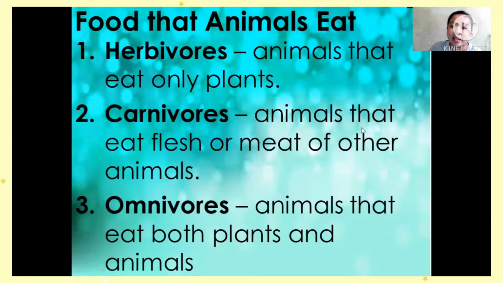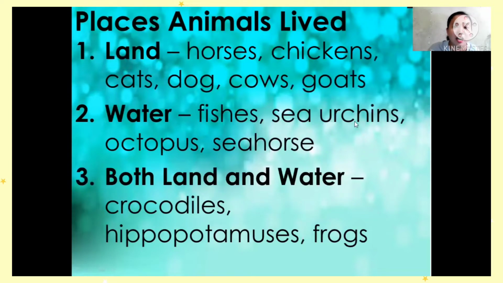All right. Next, let's have the place where animals live. We have the land, we have also the water, and both land and water. So what are the animals that live on land? We have the horses, the chickens, cats, dogs, cows, and goats.